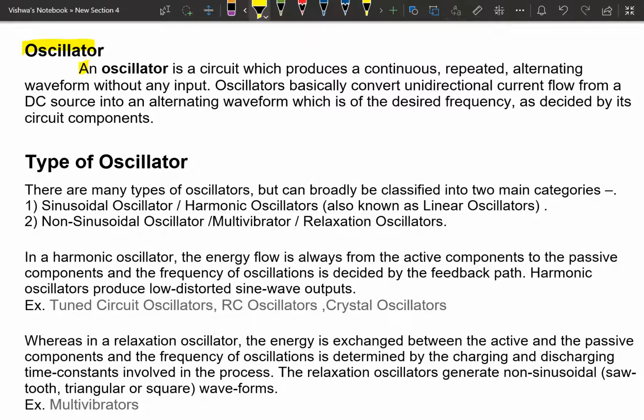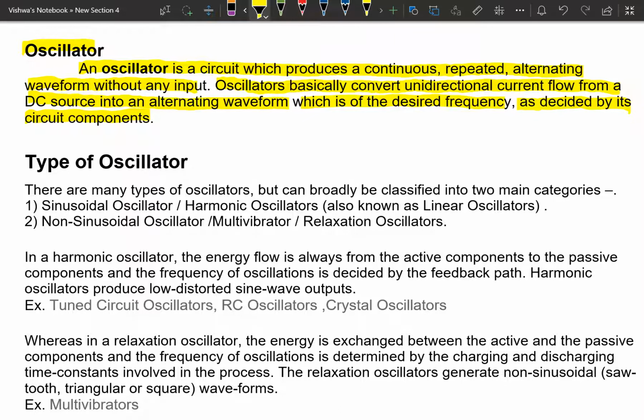An oscillator is a circuit which produces a continuous repeated alternating waveform without any input. Oscillators basically convert unidirectional current flow from a DC source into an alternating waveform, which is of the desired frequency as decided by the circuit components.